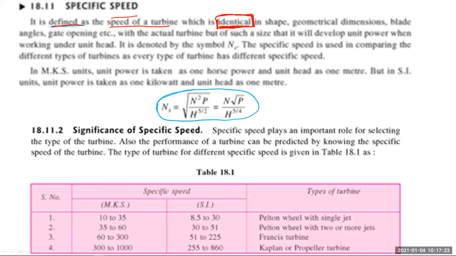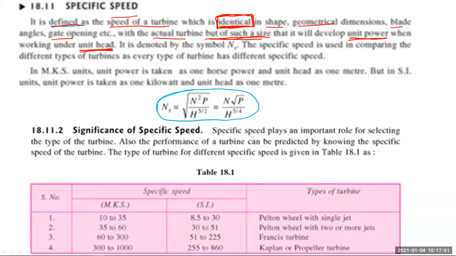What is specific speed? Speed of a turbine which is identical in shape, geometrical dimension, blade angles, gate opening, everything, with the actual turbine, but of such a size that it will develop unit power when working under unit head.